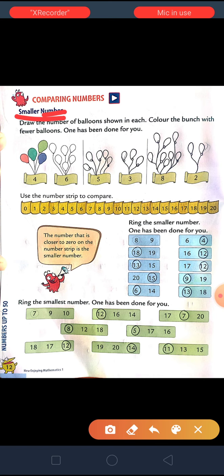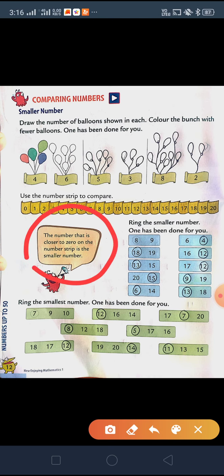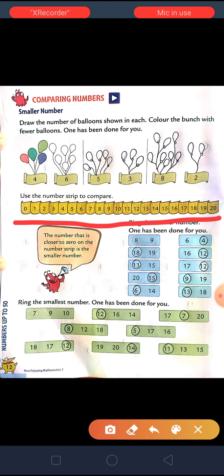Now here's what they have given: use the number strip to compare. You will be given 2 numbers and you have to compare them and circle whichever is smaller. As you can read here, the number that is closer to 0. Closer to 0 means our number strip starts from 0, 1, 2, 3, 4, 5, and it goes on like that.